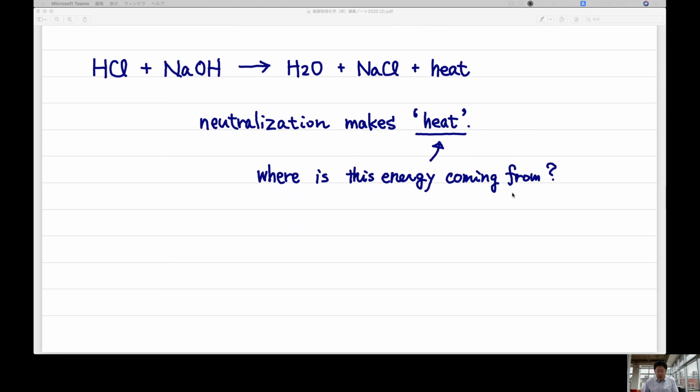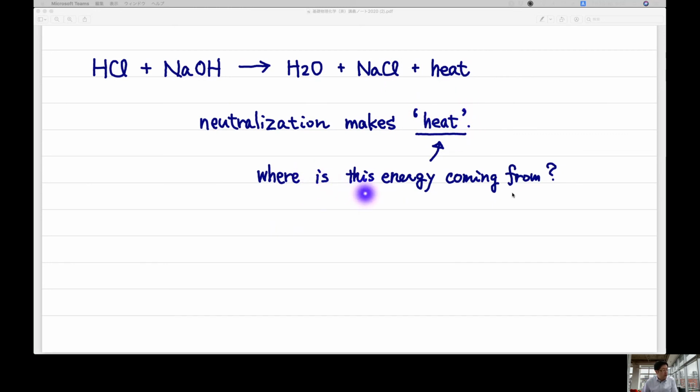Maybe all of you have some experience doing neutralization, such as HCl, hydrochloric acid, and NaOH, sodium hydroxide. HCl is an acid, and NaOH is a base. So this is a typical acid-base neutralization reaction. It provides H2O and NaCl and heat. Neutralization actually makes heat. This is energy.